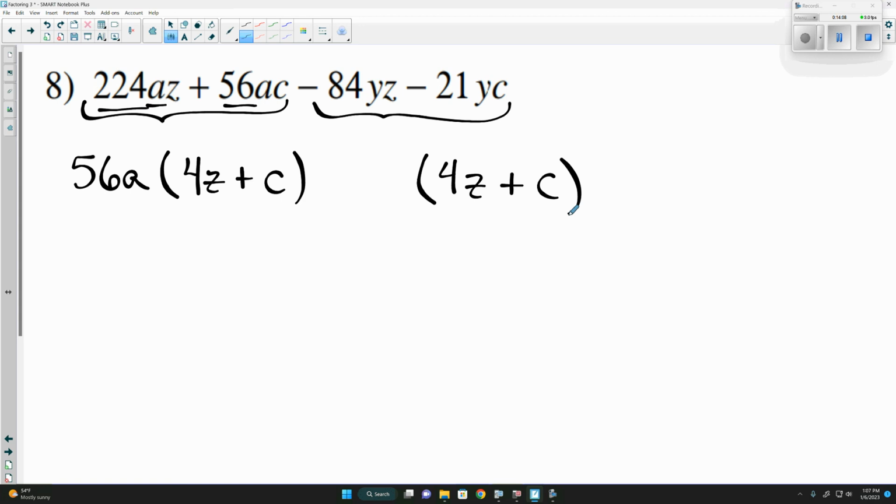For us to be able to factor it out again, it needs to be this. Well, looking at both of these here, both of these numbers are negative, yes? So to make them positive, we have to factor out a negative.